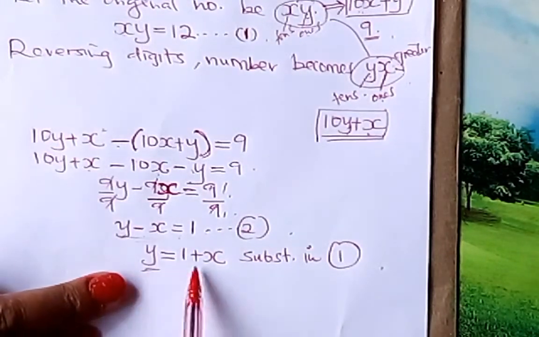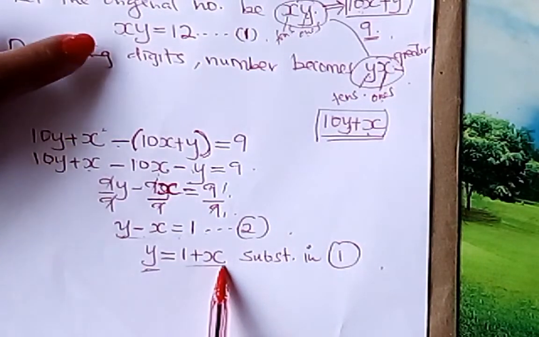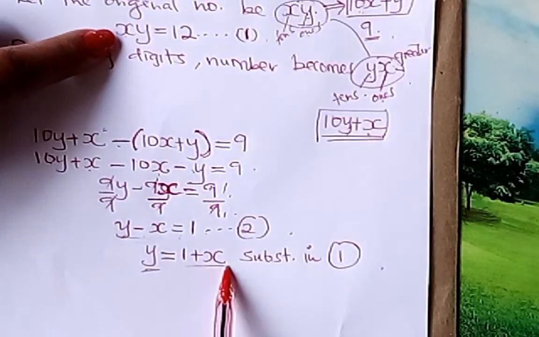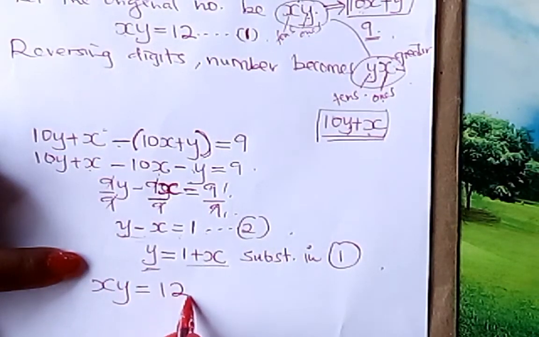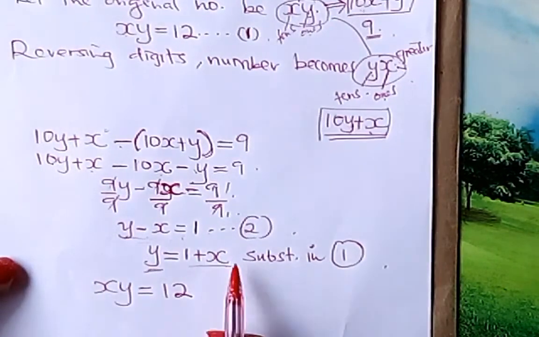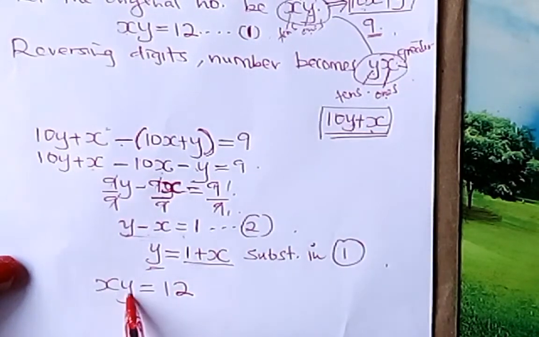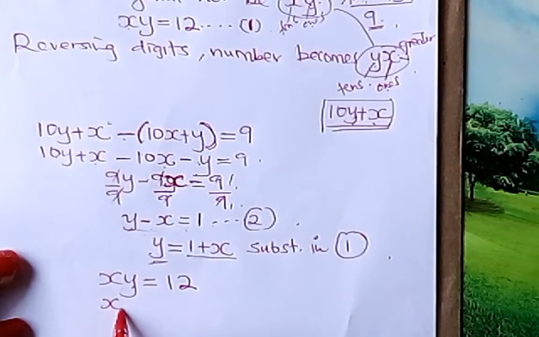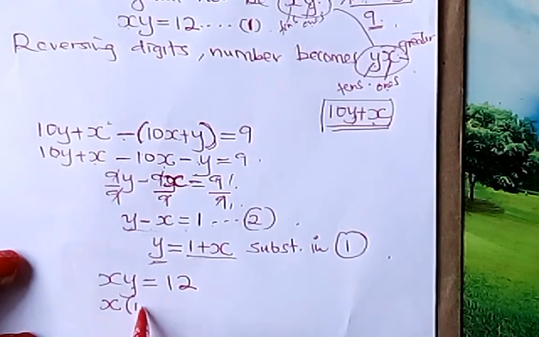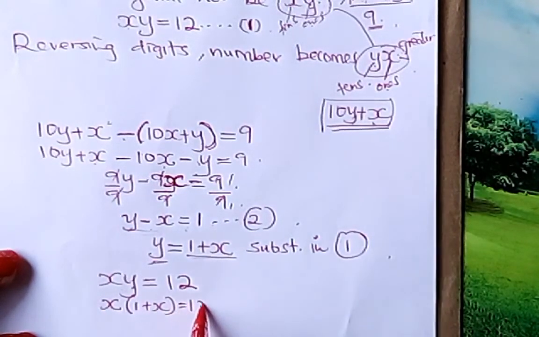Where you have y in equation 1, you write 1 plus x. The first equation was x times y equals 12. So substitute here, where you have y, put 1 plus x. So we write x times (1 plus x) is equal to 12.